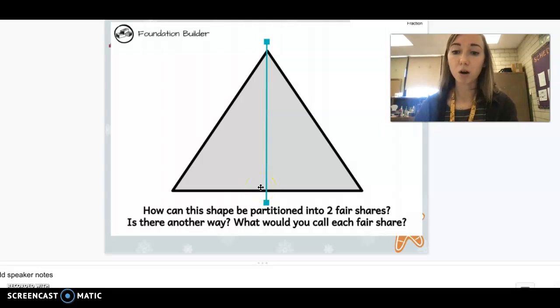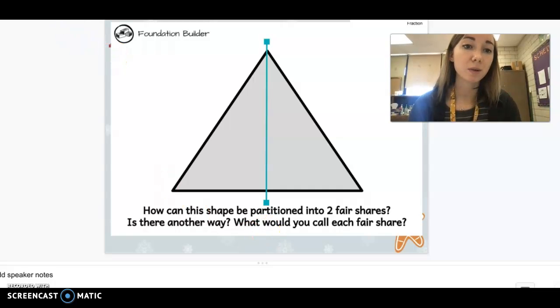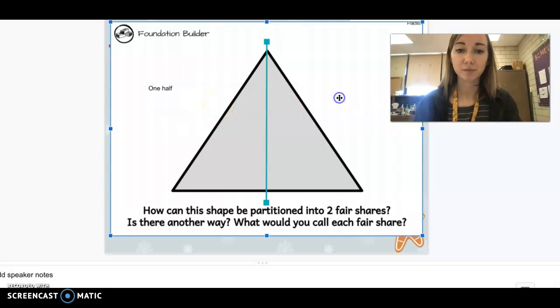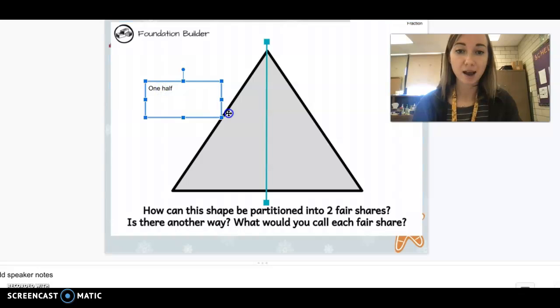So what would you call each of these fair shares? This is one part, and this is another part, and they are equal. So over here, we could label this side as 1/2. So this is 1/2. And guess what?